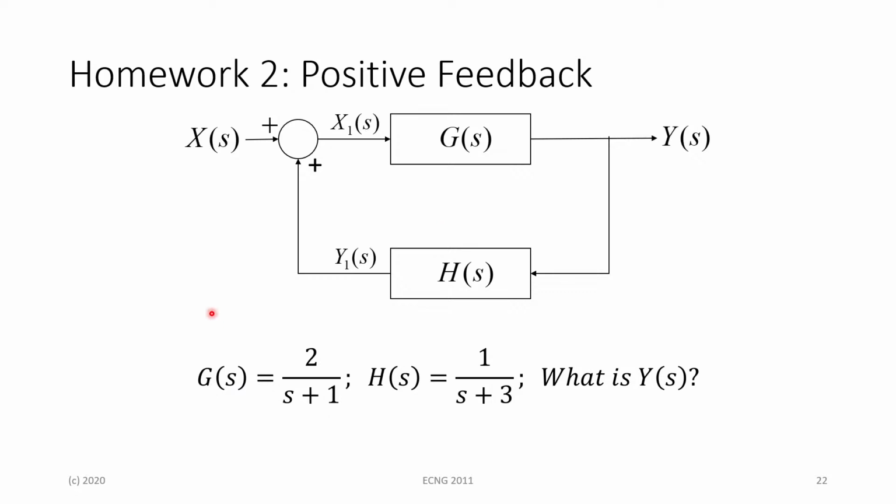And to give you the answer of what it's supposed to be, you're supposed to get y of s equal to g of s multiplied by x of s divided by 1 minus g of s h of s. So you're supposed to get that answer when you resolve this for the positive feedback system.